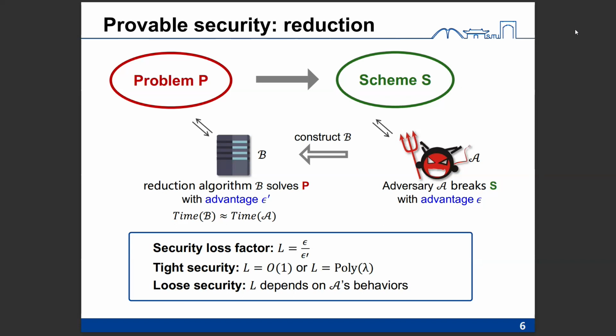And tight security means L is a constant, or L is a polynomial in lambda, the security parameter. In contrast, loose security means L depends on A's behaviors. For example, it depends on the number of users or sessions involved by the adversary A.